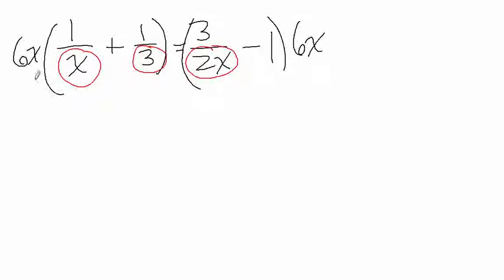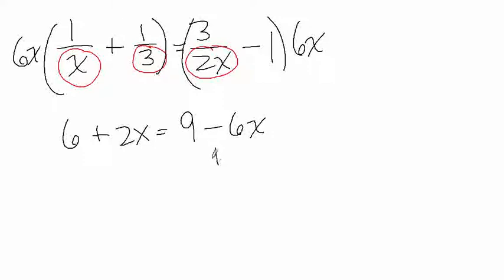And now let me distribute the 6x. 6x times 1 over x gives 6. 6x times 1/3 gives 2x. Let's do the other side now. 3 over 2x times 6x gives 9. You can work that out if you can't see that in your head. And then 6x times minus 1 gives minus 6x. Now I just love how much nicer the new version looks.